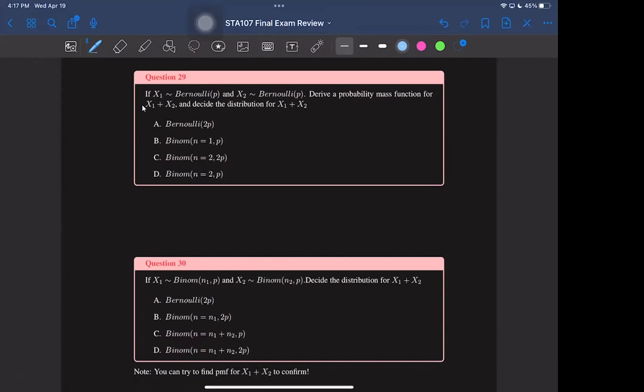You can either construct a probability mass function and compare it with the distribution that you have in mind to see if they are the same or not. But this should make intuitive sense for you why X1 plus X2 gives you such a distribution.